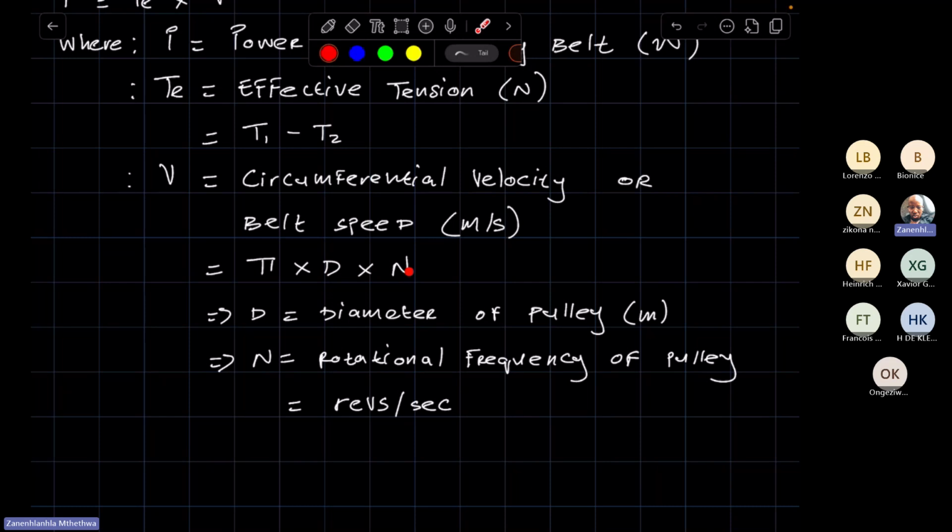You cannot use the diameter of the small pulley but use the rotational frequency of the bigger pulley, because you would be using quantities of two different pulleys. Am I making sense here?